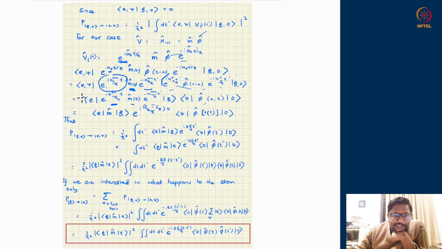Because you can see here again the same game will happen. This will give me a pure phase times the state back, and on the right-hand side this term also will give me a pure phase and the state back.